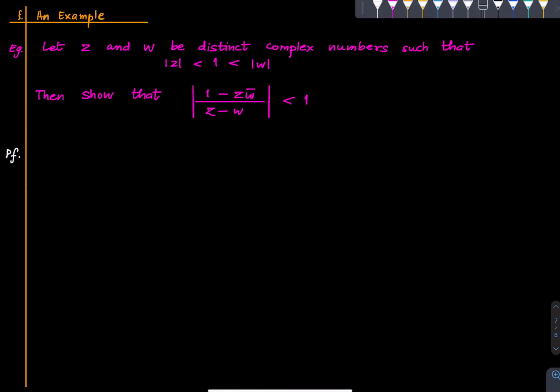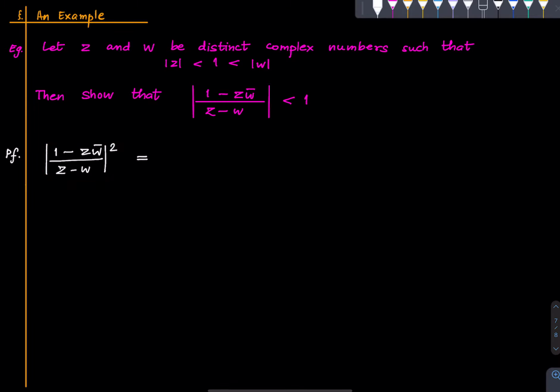And how do we deal with modulus signs? We take the square. So we will start with the square of the thing. And this square is what we want to show is smaller than 1. If we show that this is smaller than 1, it follows that this is also true. So that's all that our aim is.